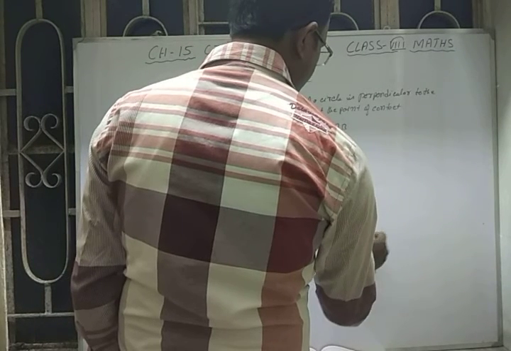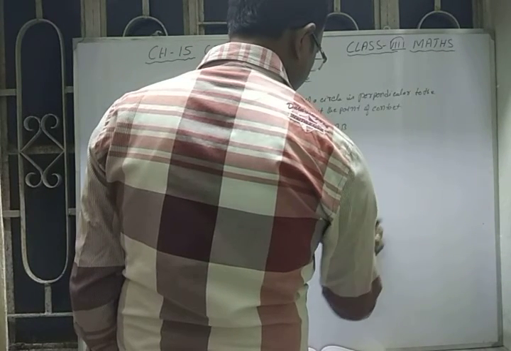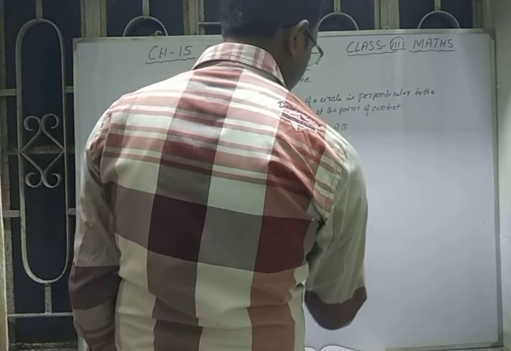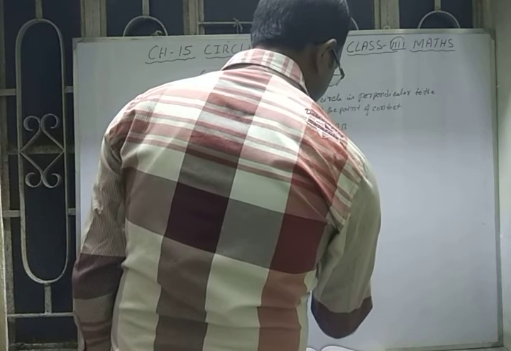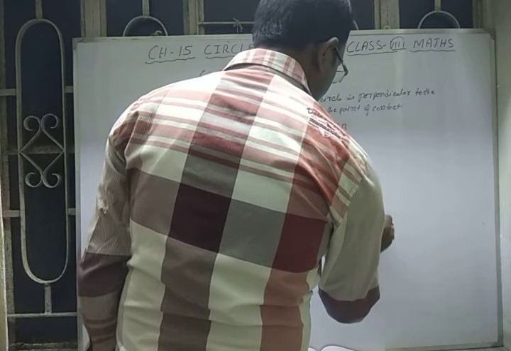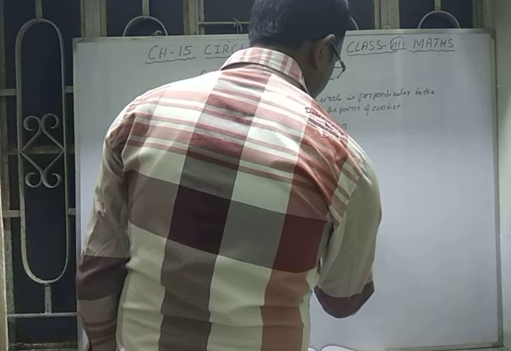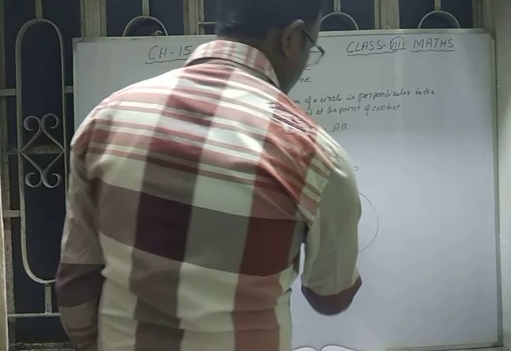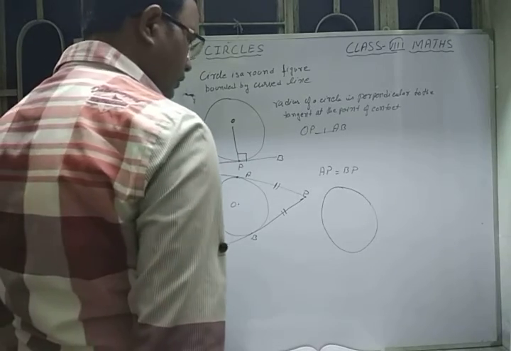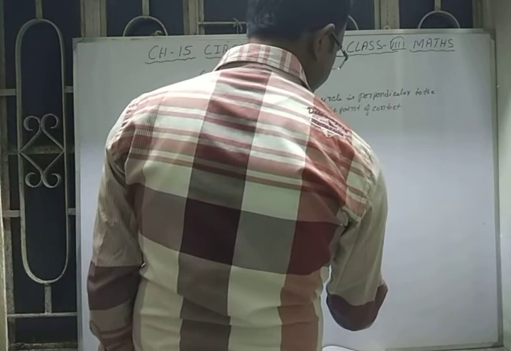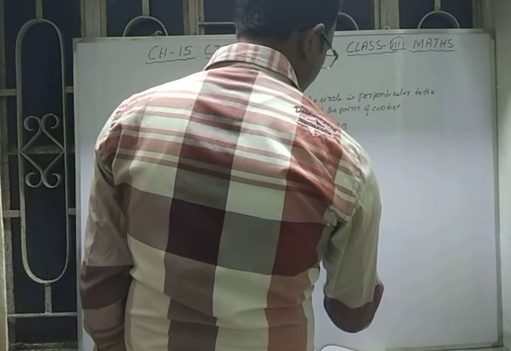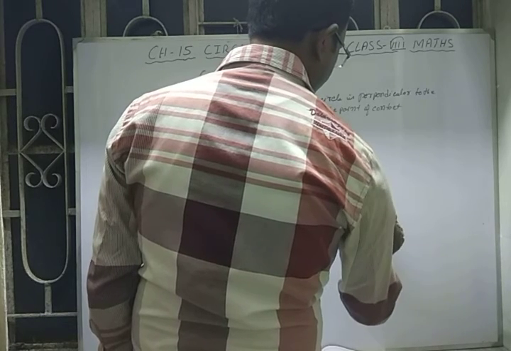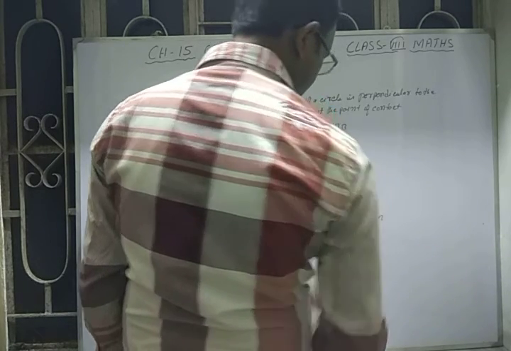It means if you take a circle like this and draw a diameter, suppose the diameter is AB, and O is the center.